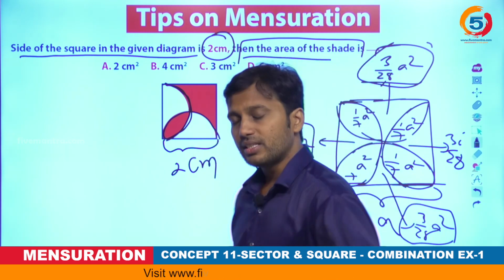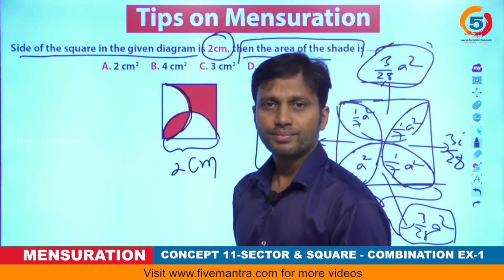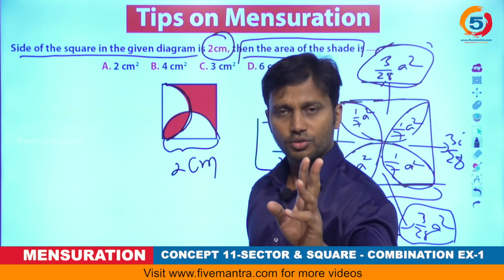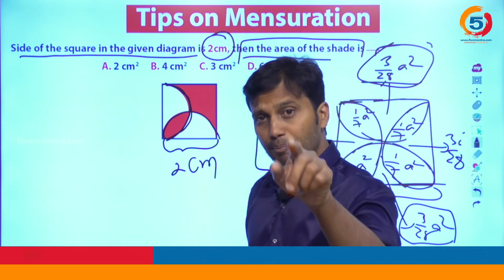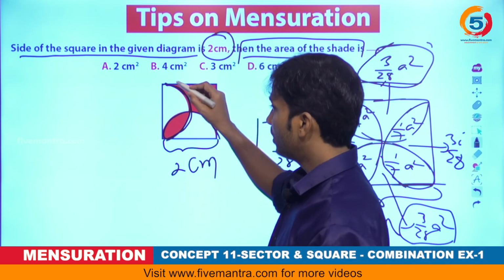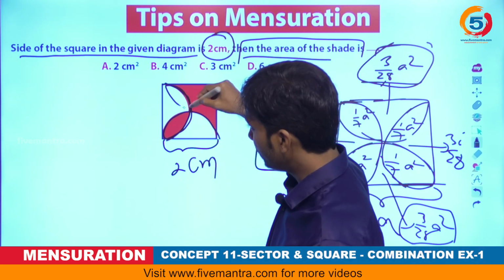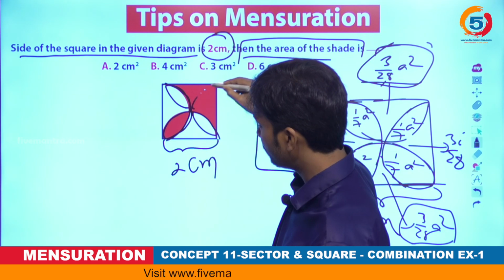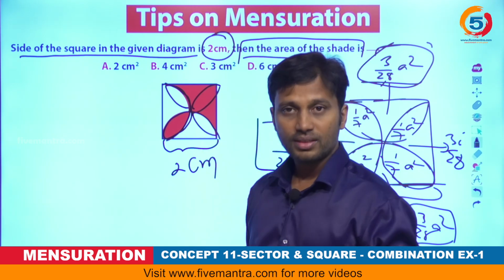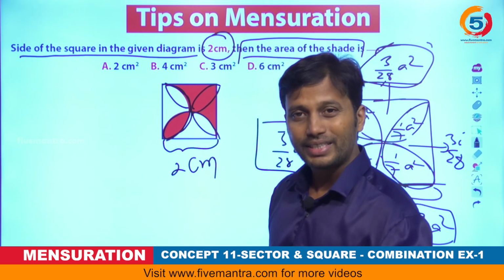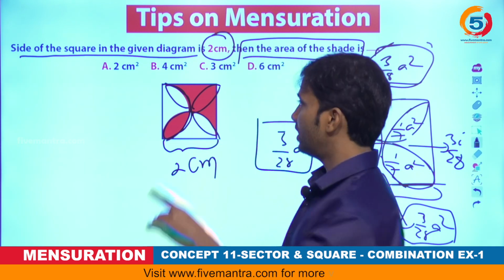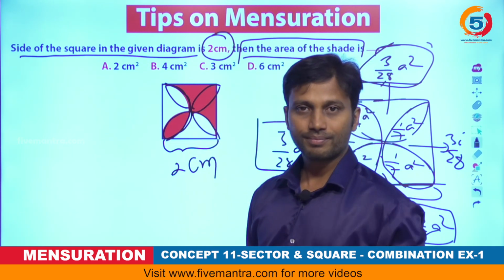How many semicircles have you drawn? 2 semicircles or not? If you had completed 4 semicircles in this, then what should come here? Like this or not? Means if you had completed this figure with 4 semicircles, this shape would have been obtained.